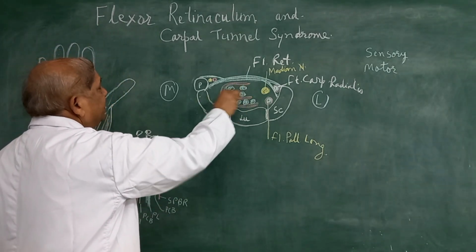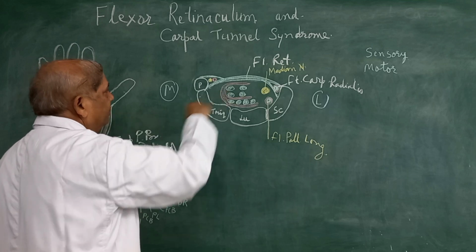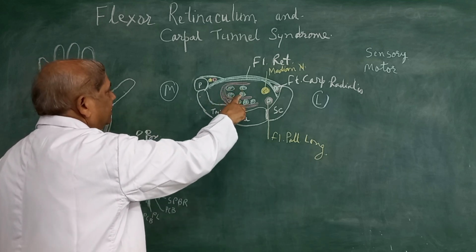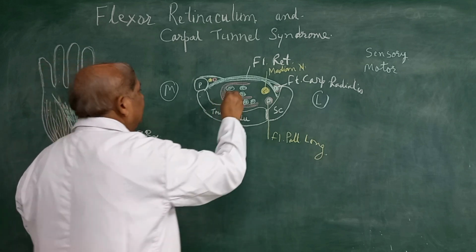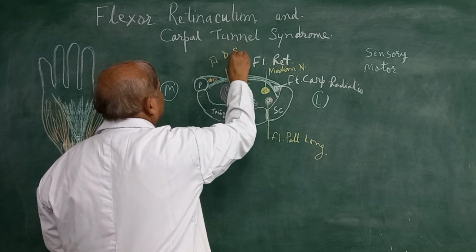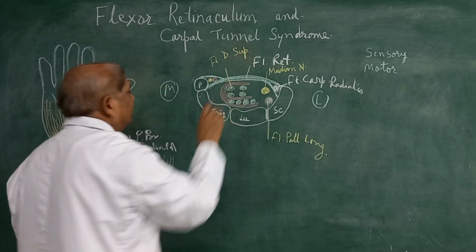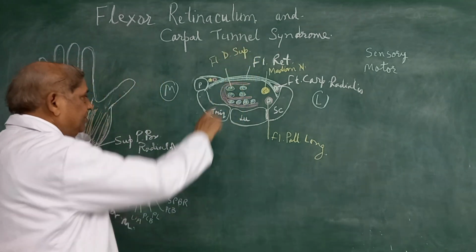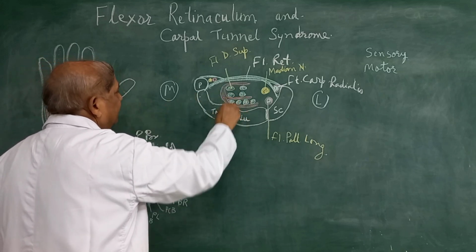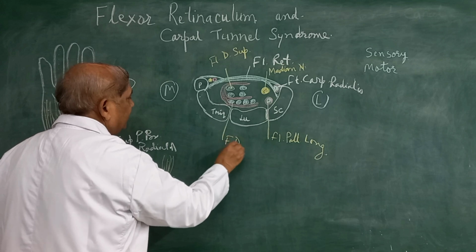Then there are two sets of long flexor tendons. These are the four tendons of the flexor digitorum superficialis, arranged in two rows. Then there are four tendons of the flexor digitorum profundus.